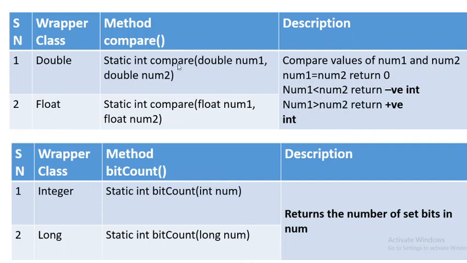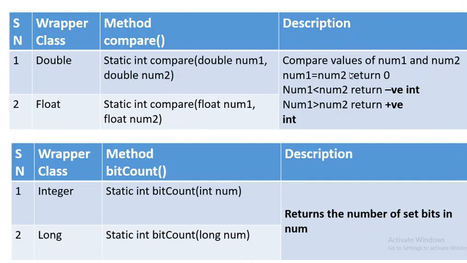Both of the arguments you will pass as type double. Whereas if you are using the wrapper class Float, how will you call? Float dot compare, and in brackets both of these arguments of type float. First float number comma second float number. So here we are performing comparison between number 1 and number 2, whether double double or float float, depending upon the wrapper class you are using.